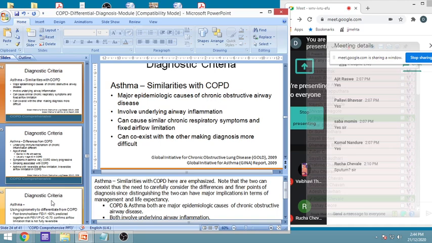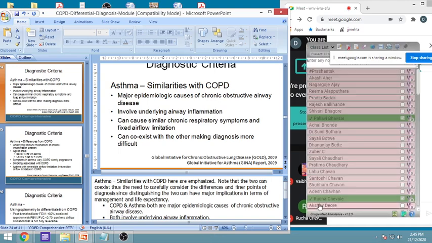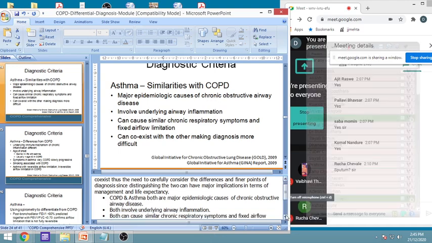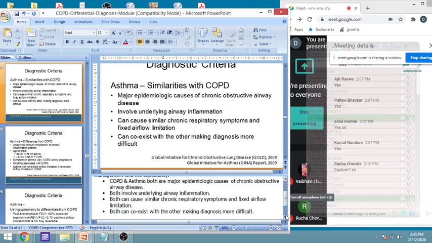So the similarities of asthma and COPD are emphasized. The two can coexist, meaning both can be there in a person. It can be COPD and also asthma, and if so, then we need simultaneous treatment for both. COPD and asthma are both major epidemiologic causes of chronic obstructive lung diseases or airway diseases. Both involve underlying airway inflammation, so inflammation is important.